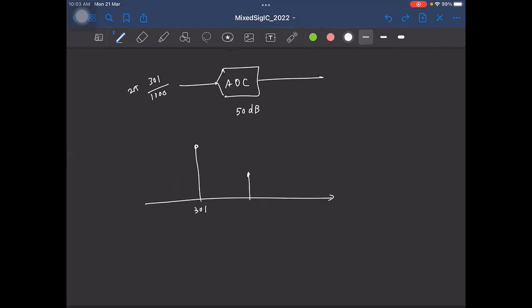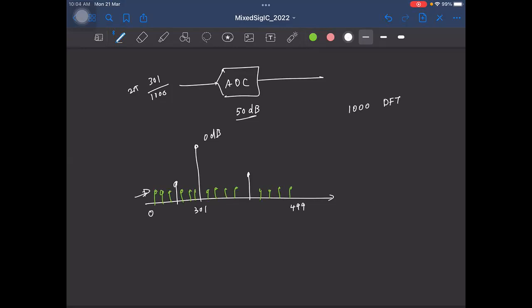Along with that, you are going to have thermal noise because I mentioned it's thermal noise limited. So you'll have all these bins corresponding to thermal noise. We take a 1000-point DFT, so single-sided, you have 0 to 499. If this is at 0 dB, the signal, what will be this level if the SNR is 50 dB?